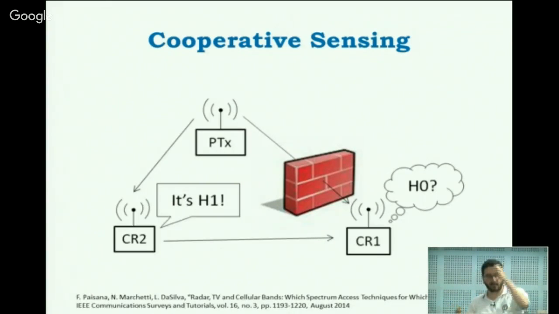In fairness, it has already happened a bit, with not impressive results, in the 5 gigahertz band. Wi-Fi is already doing some sort of sharing. They have this dynamic frequency selection capability. Something has happened. And the FCC, the regulator in the US, suggested in a report in 2012, written on behalf of the Obama administration, to share the 3.5 gigahertz band, which is a naval radar band in the US, with small cells, so with a 4G kind of thing.